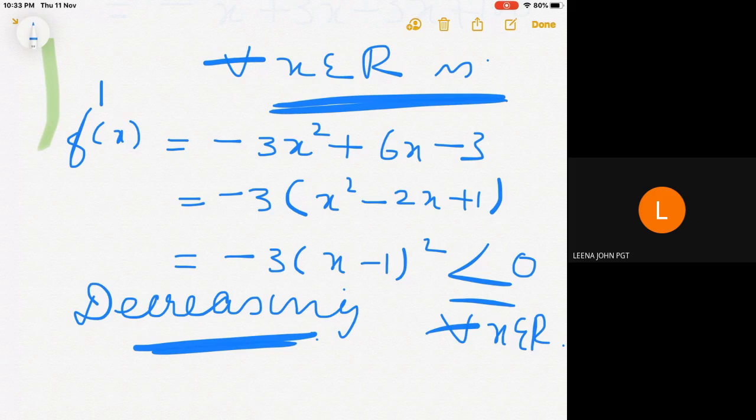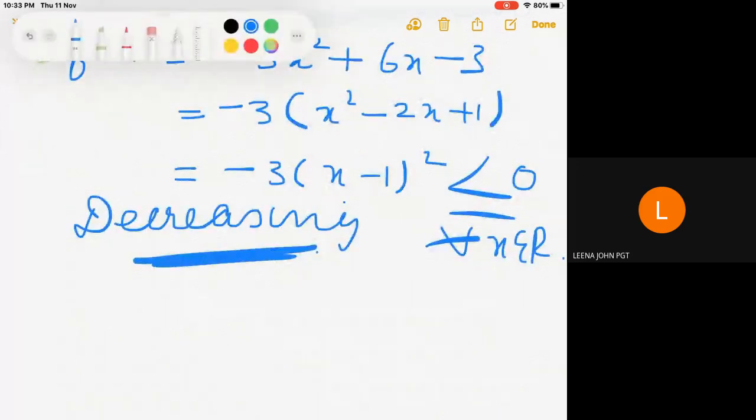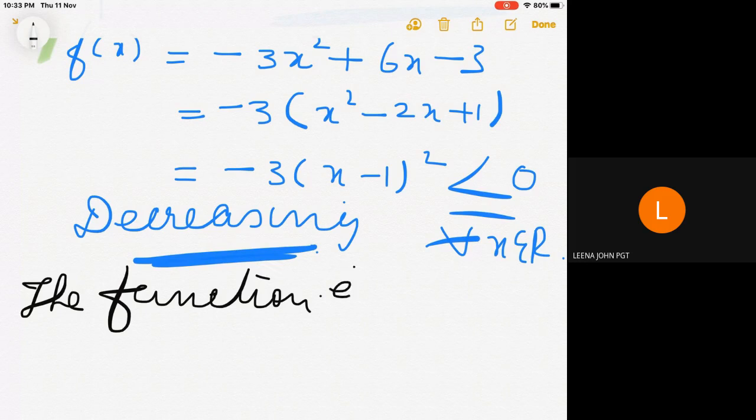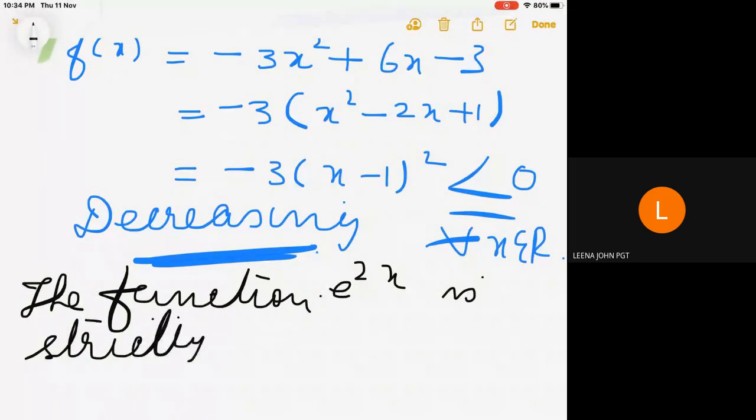The next one is: the function e raised to 2x is strictly increasing in. So what will be the graph?